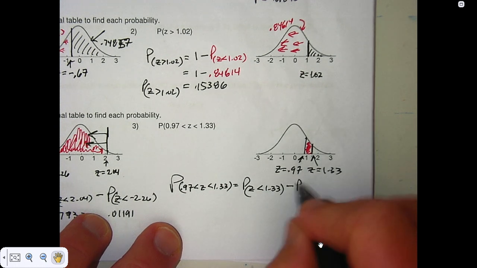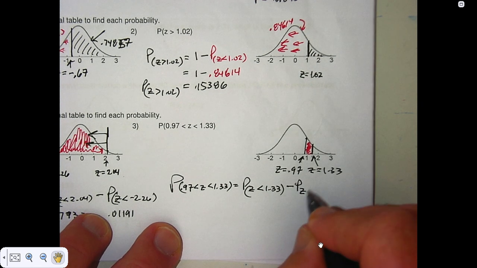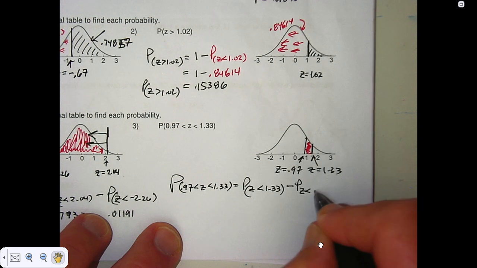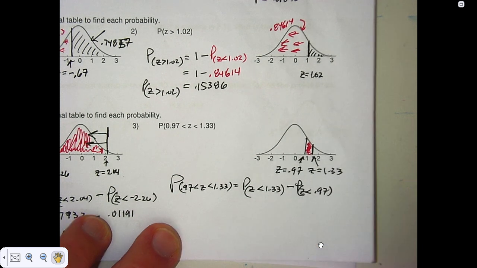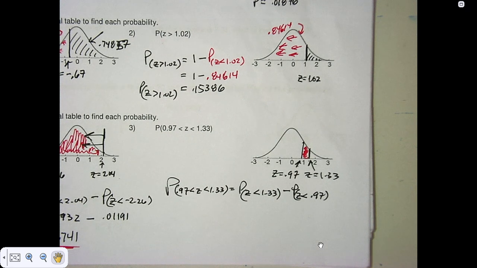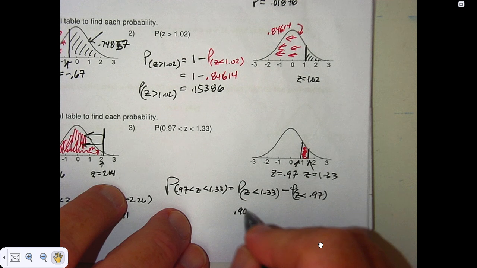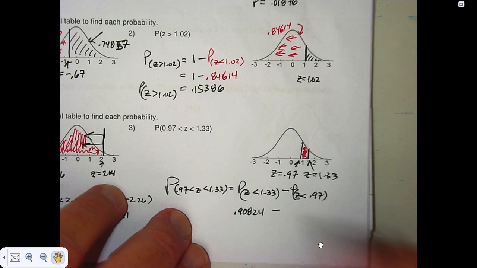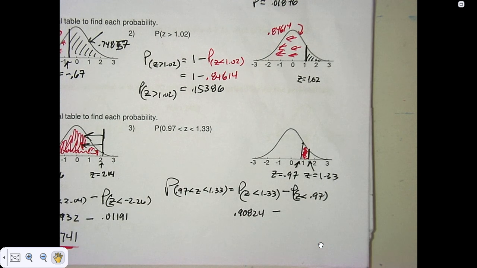So if I want the area that's just in the red, subtract off the z-score of 1.33. It's 0.90824. Now the z-score for 0.97 should be less than that. And it is by a little bit, 0.83398.